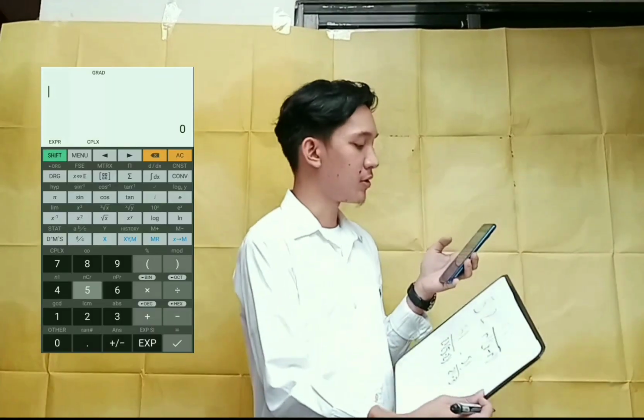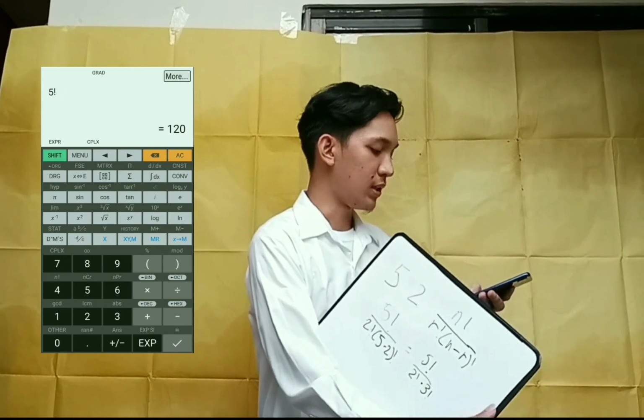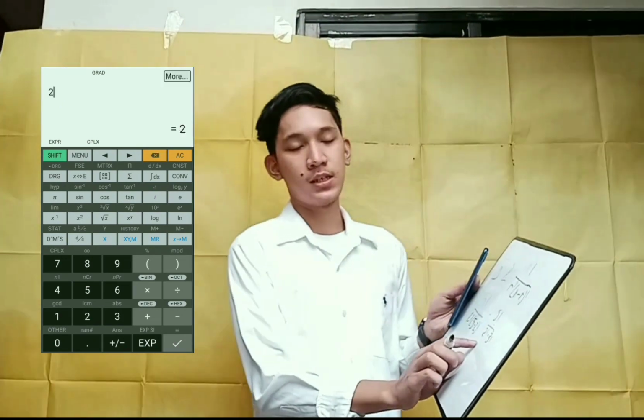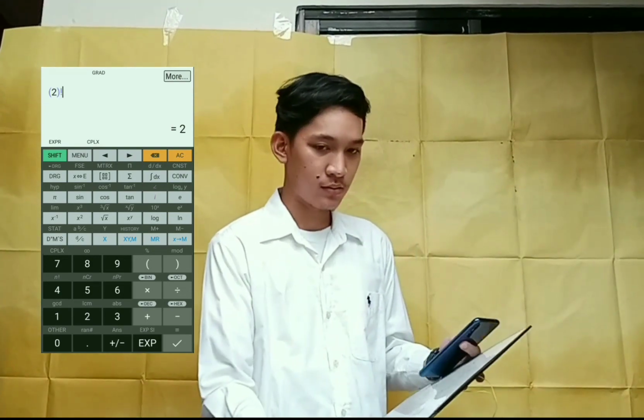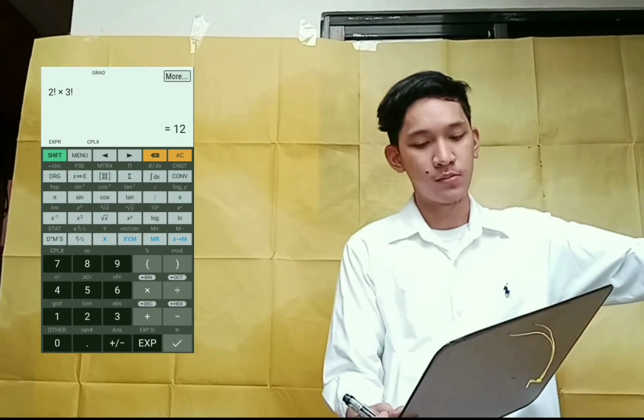The 5 factorial is equal to 120. Next is 2 factorial times 3 factorial, which is equal to 12.